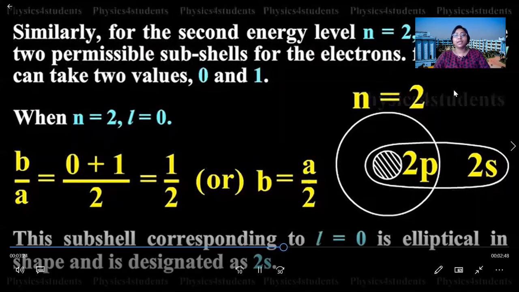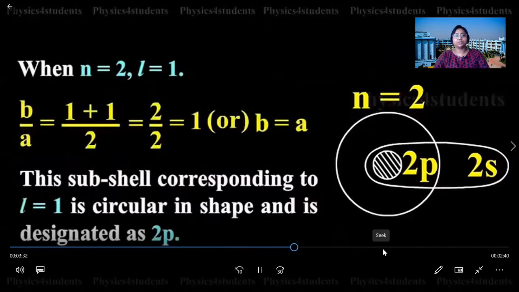So for n is equal to 2, we are getting 2s. This subshell corresponds to L is equal to 0.